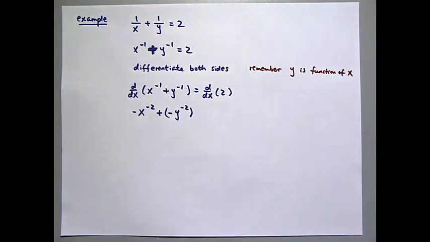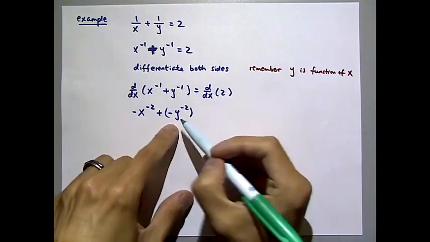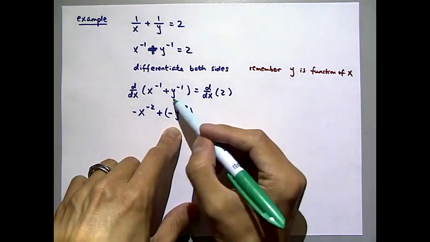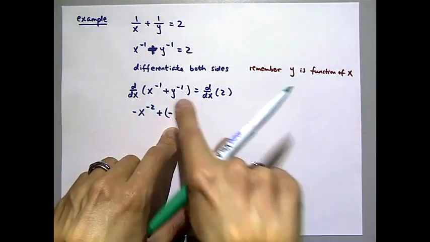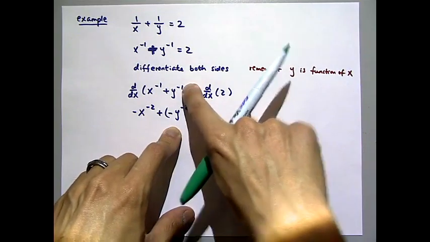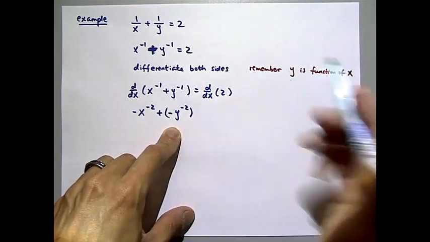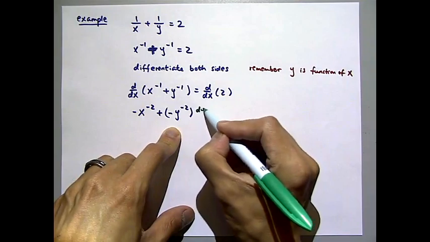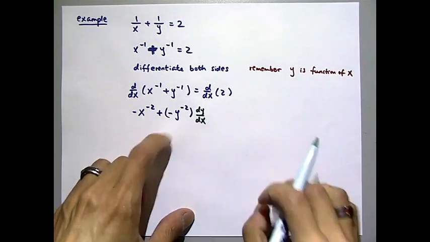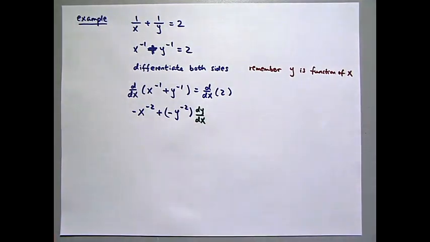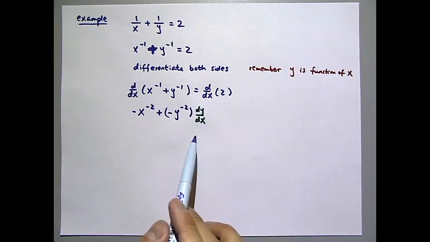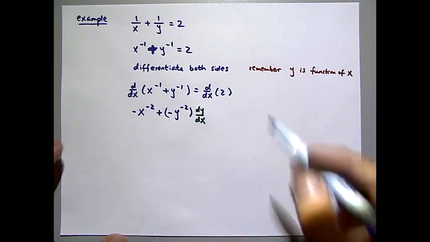And then because of the chain rule, y is some function of x. It's like u to the minus 1. Y minus 1 comes down, reduce the power by 1, multiply by the derivative of that, dy/dx. So essentially, every time you differentiate something involving y, be prepared to include this part as a consequence of the chain rule.